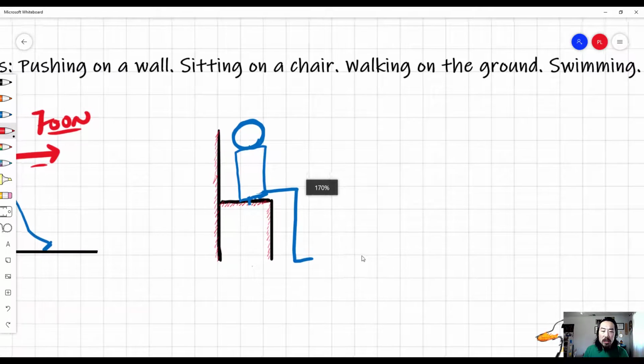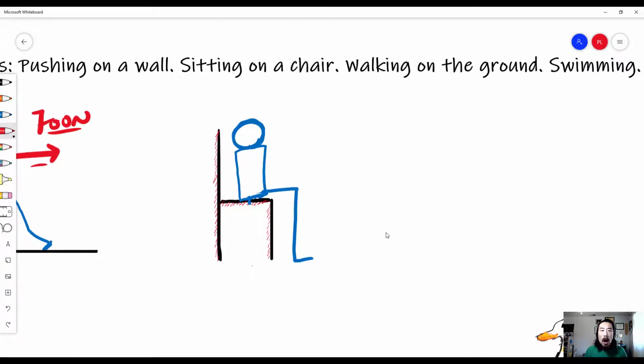Okay, so let's take a look at you sitting in a chair. If we have a person sitting on a chair, the force being exerted on the chair is this person's weight. So the chair feels a force of, let's say, 700 newtons pushing on it. So what does the person feel? If you're sitting down, you could experience this yourself.